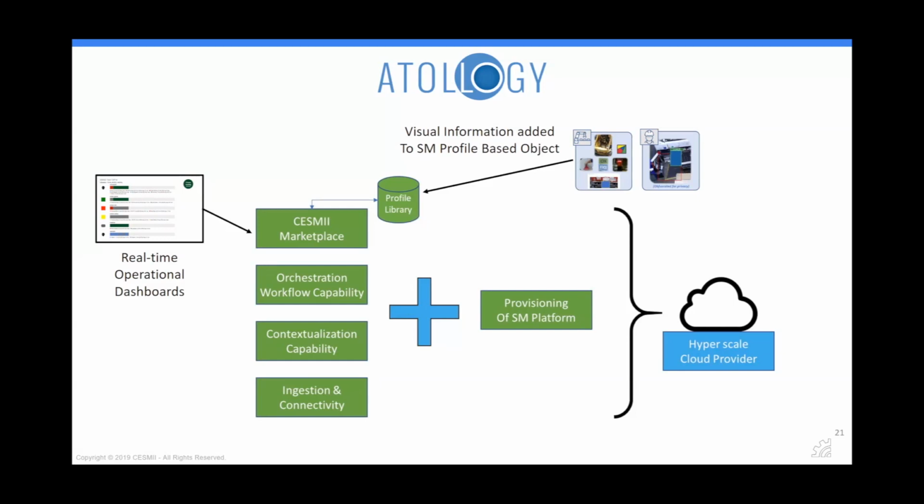The really interesting thing for me about this is it allows us to explore an advanced idea for the profiles based on a programming concept called polymorphism, where if we have an implemented customer that's got a traditional architecture and we can pull certain value through that automatically through the profiles, then we can work with ATOLOGY to develop a profile that is effectively an interface definition that allows them to augment the runtime object on the fly with this new additional data, regardless of the path to how that data was arrived at.